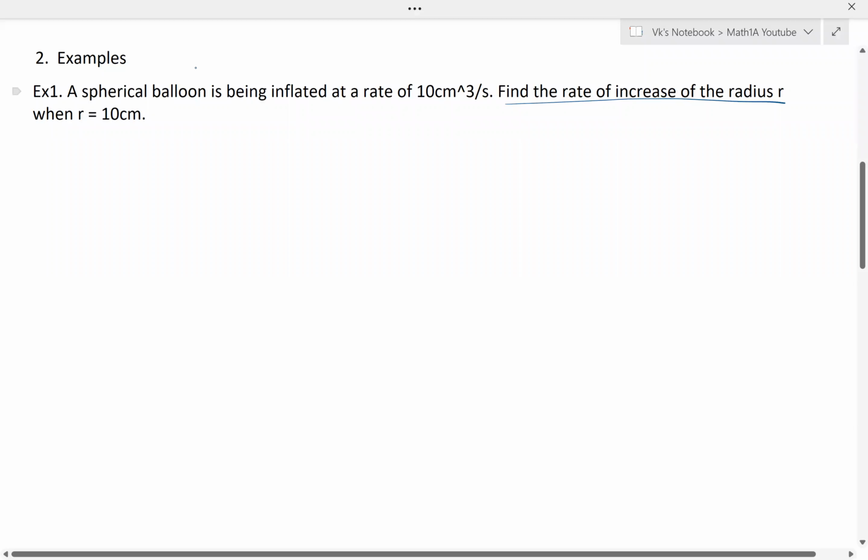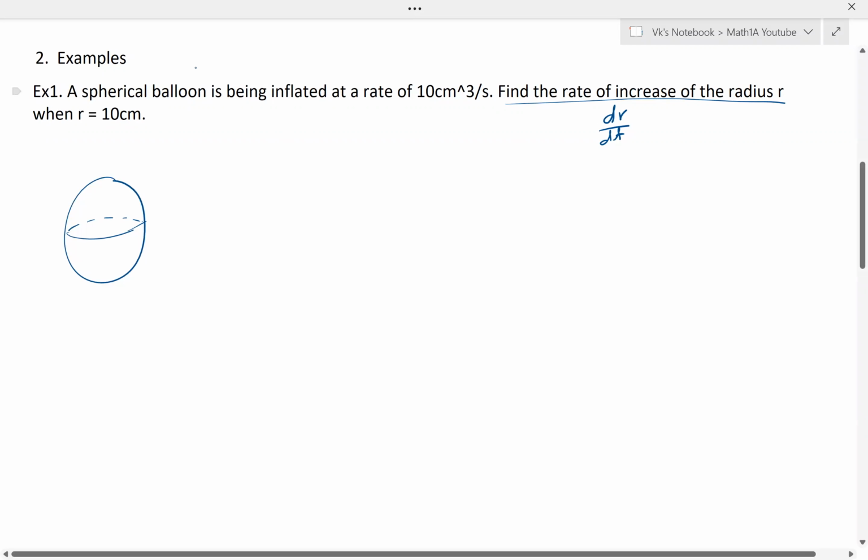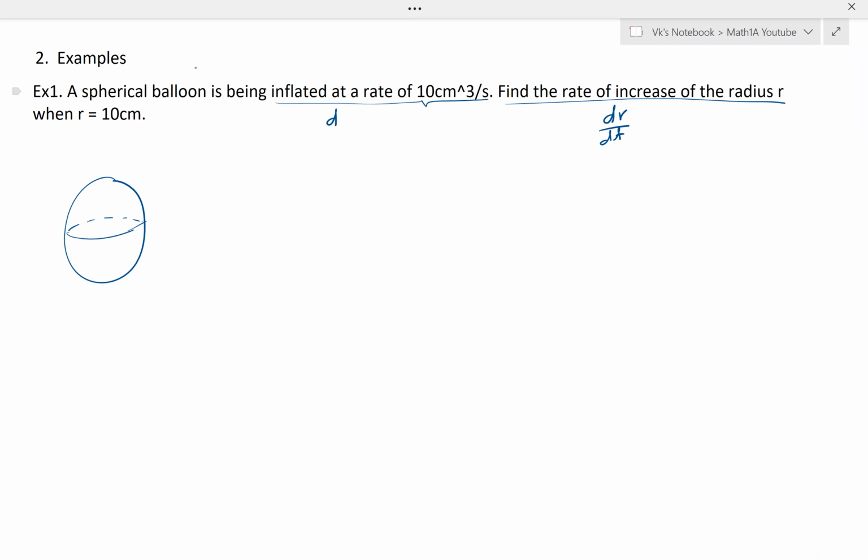So this is what we need to find, dr over dt. First, we can sketch out the balloon here, kind of like a spherical balloon. This number here looks like a change in volume over change in time, so we have two rates here.